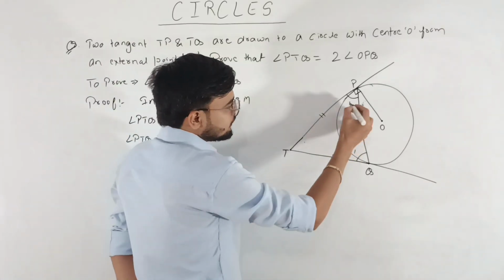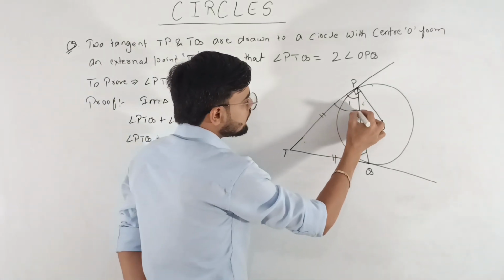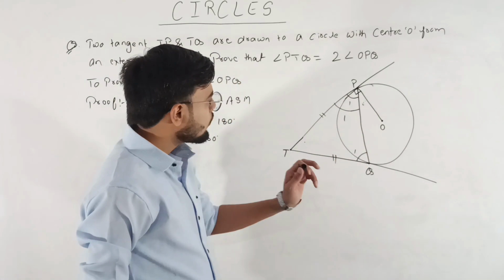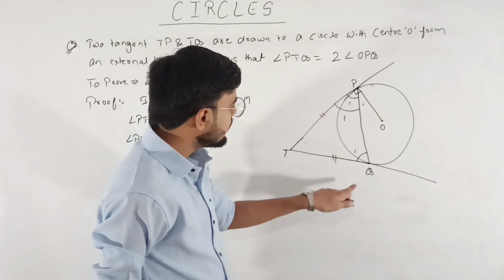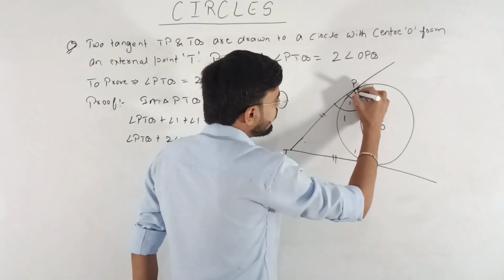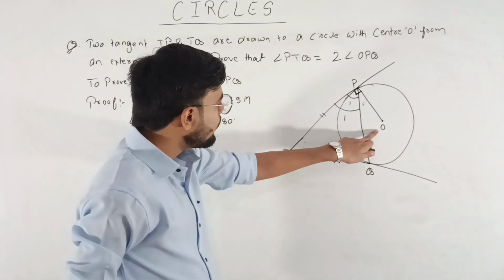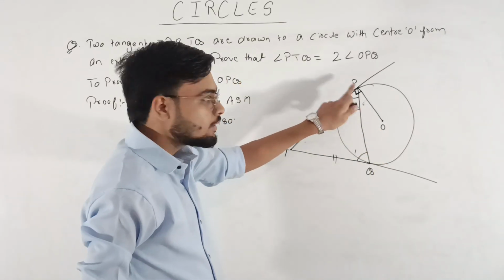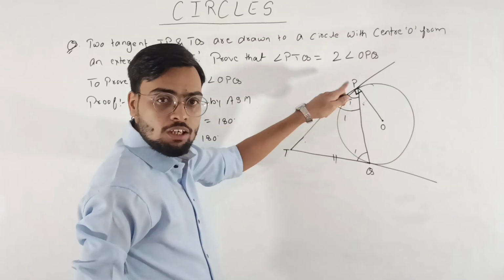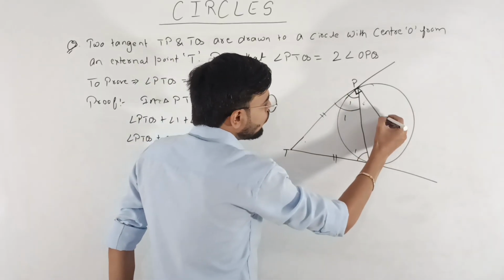Look here. This one is angle 1, and now look, this angle OPT is 90 degrees. Why 90 degrees? OP is radius and PT is a tangent. So radius is perpendicular to the tangent.